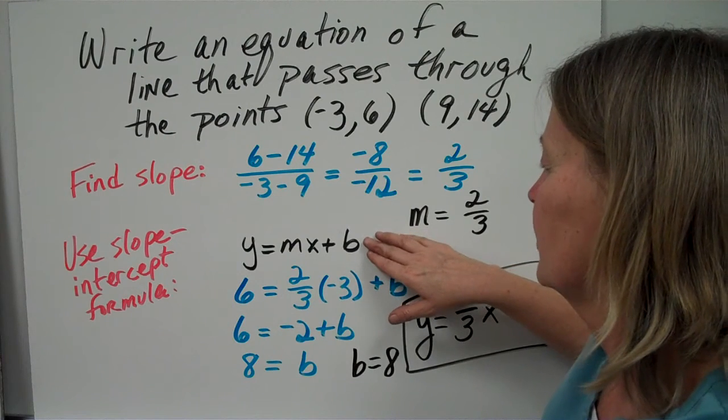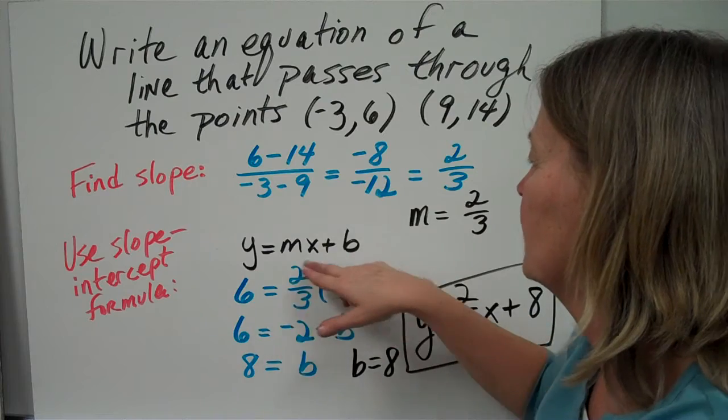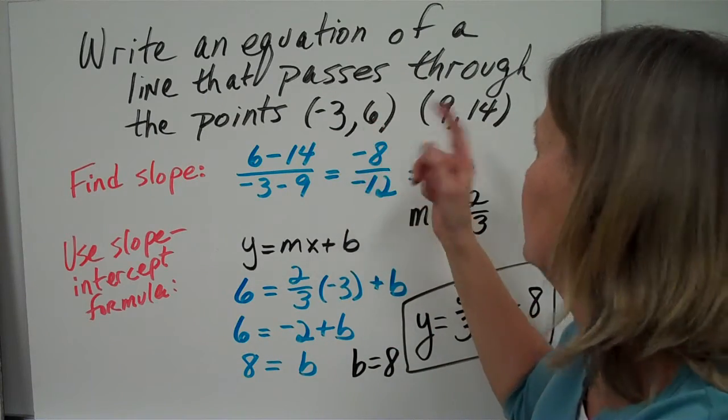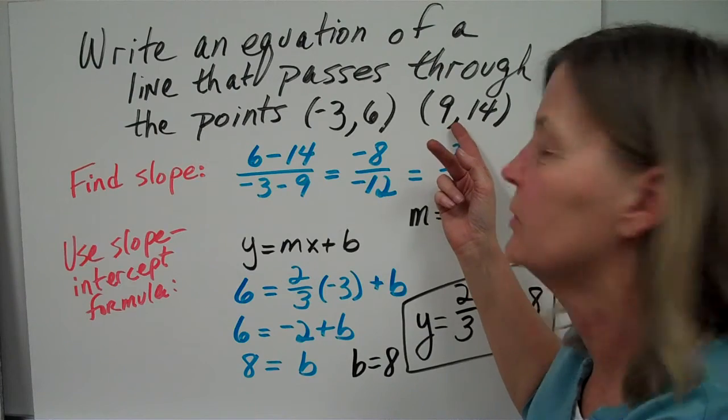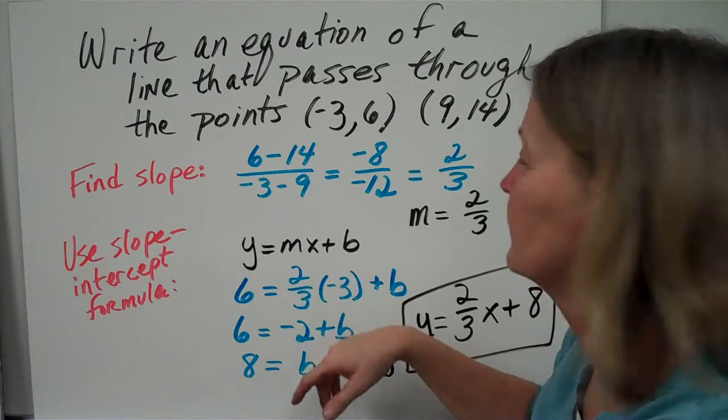Now we go back to this formula, and we're going to fill things in. X's and Y's. Again, I chose this first point for my X and Y values. You could use (9, 14) and you're going to get the same answer.